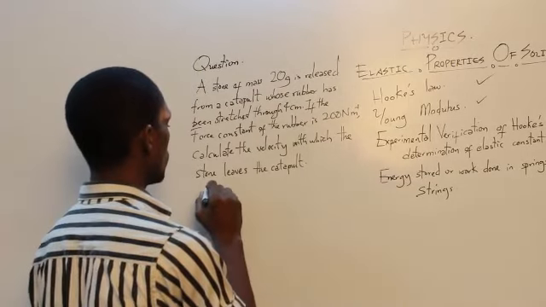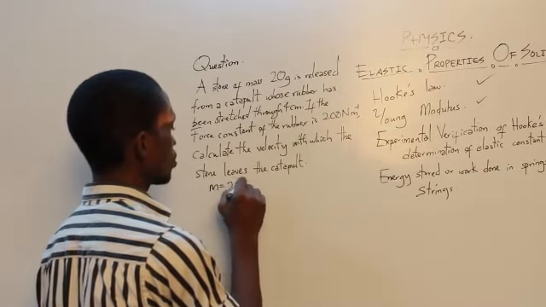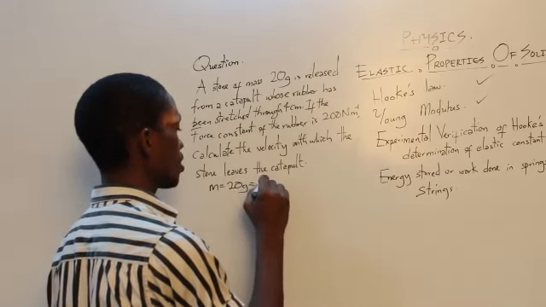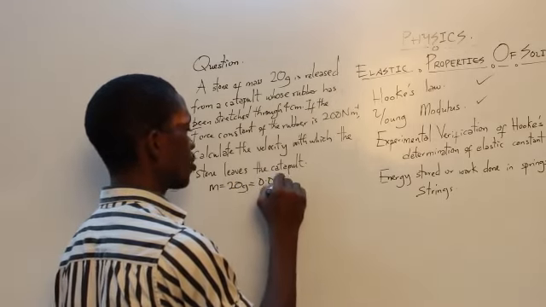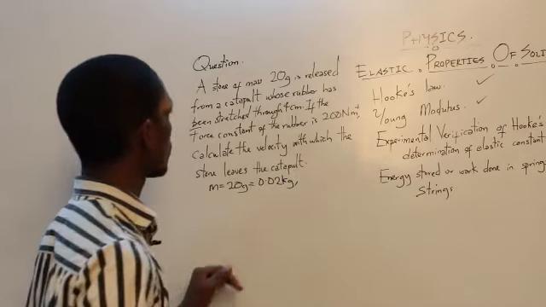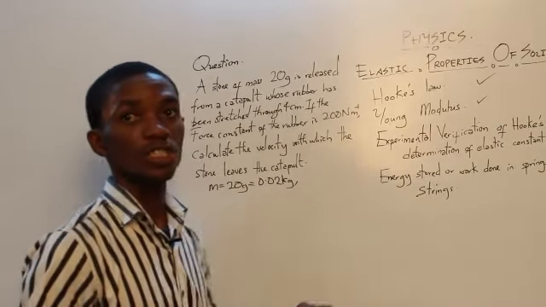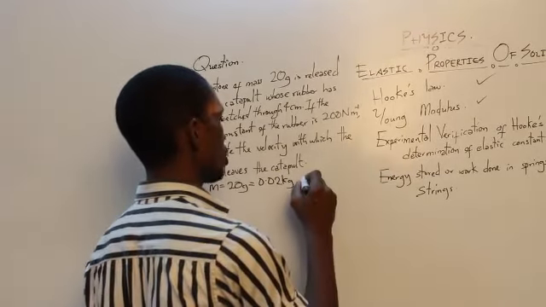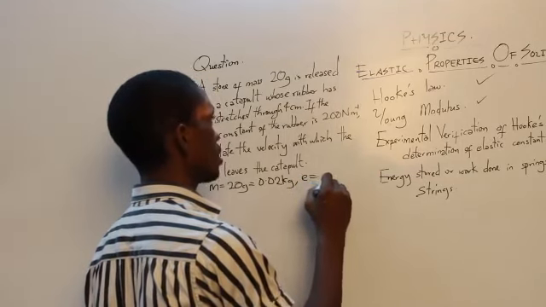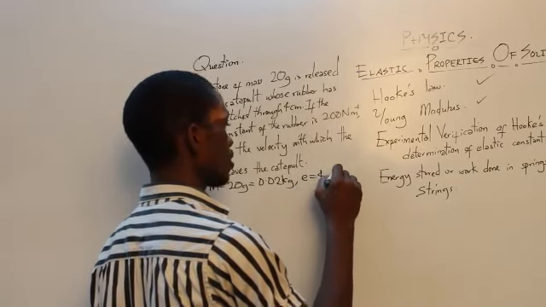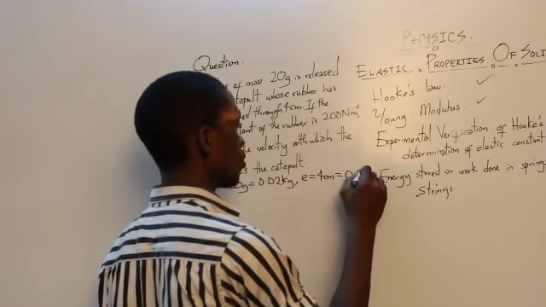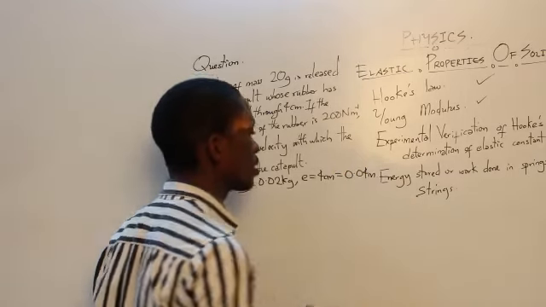The mass of the stone is given as 20 grams, which is the same thing as 0.02 kilograms. The distance through which the rubber has been stretched, e, is given as 4 centimeters, which is the same thing as 0.04 meters.